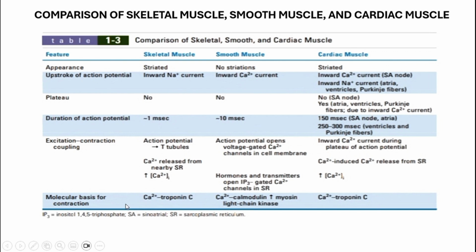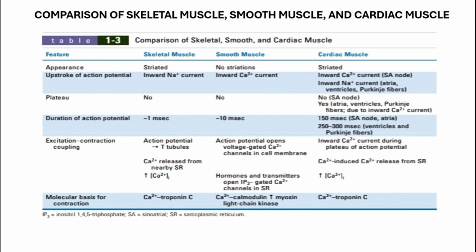The cross-bridge cycling starts when the calcium binds to troponin C. And for smooth muscle, how does the excitation-contraction coupling occur? The action potential opens the voltage-gated calcium channels in the cell membrane, or the hormones and neurotransmitters open the IP3 gated channels in the sarcoplasmic reticulum, or the ligand gated channels.